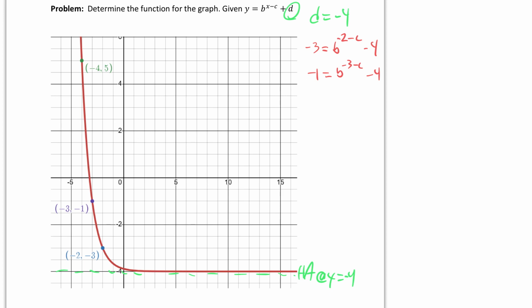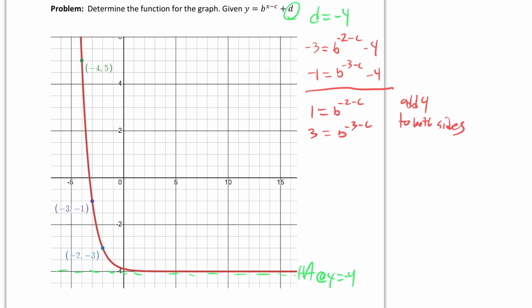So we'll go ahead and rearrange those equations by getting the d to the other side. That'll give us 1 equals b to the negative 2 minus c, and 3 equals b to the negative 3 minus c. That's add 4 to both sides, taking that negative 4 and moving it on over.